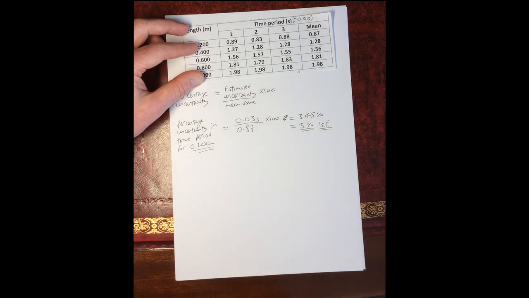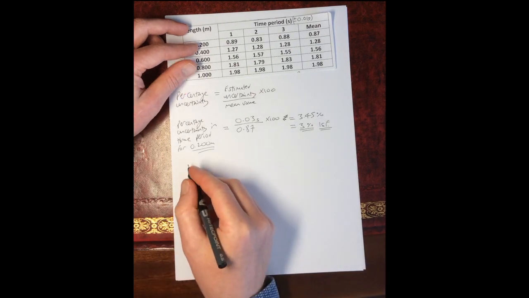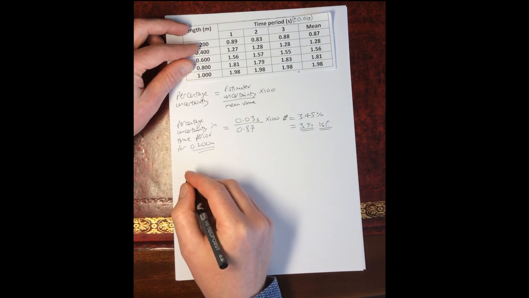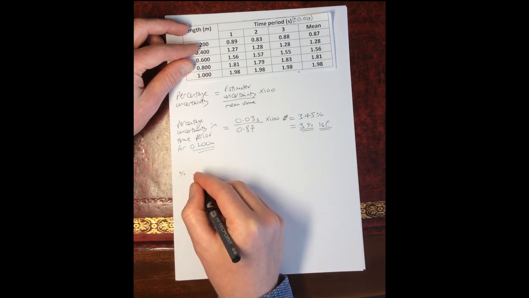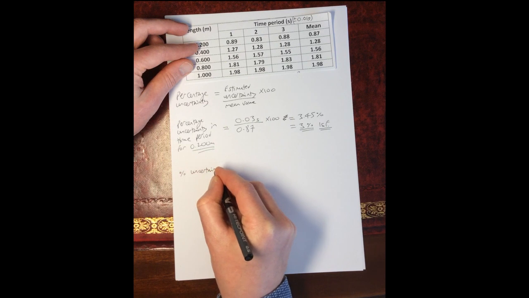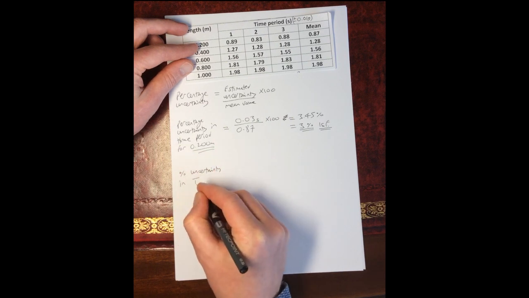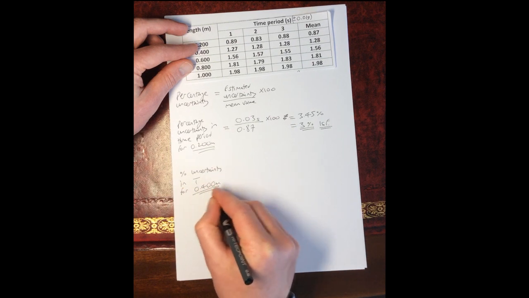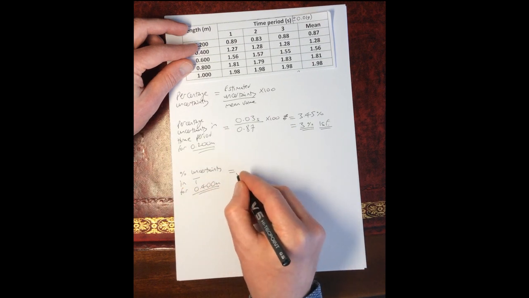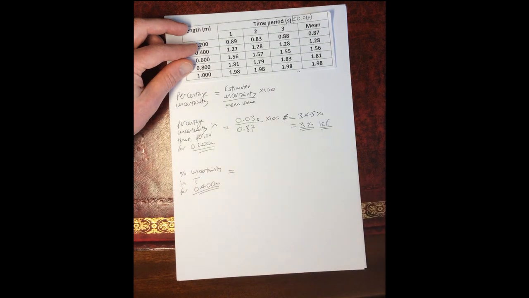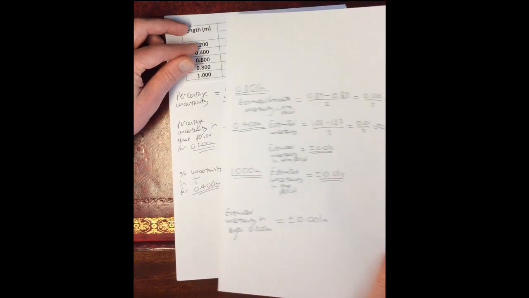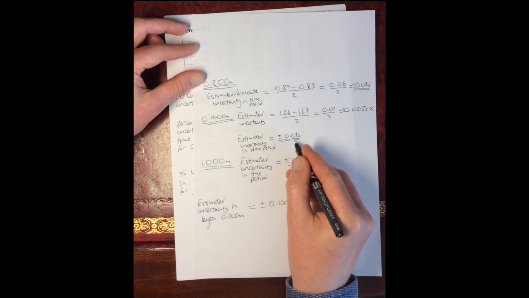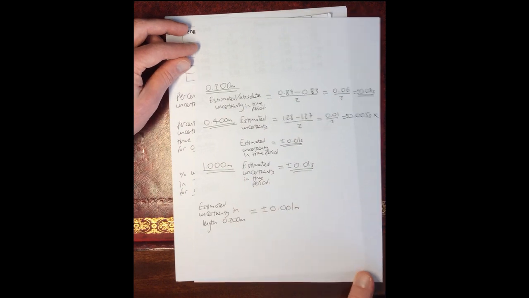Now, if we do the same thing for some of the other values that we've used, let's think about perhaps the 0.4 meter one here. So the percentage uncertainty in T for 0.4 meters. Again, the way you do this is you just take your estimated uncertainty. Now, if you remember earlier, our estimated uncertainty here was 0.01 seconds, the resolution.